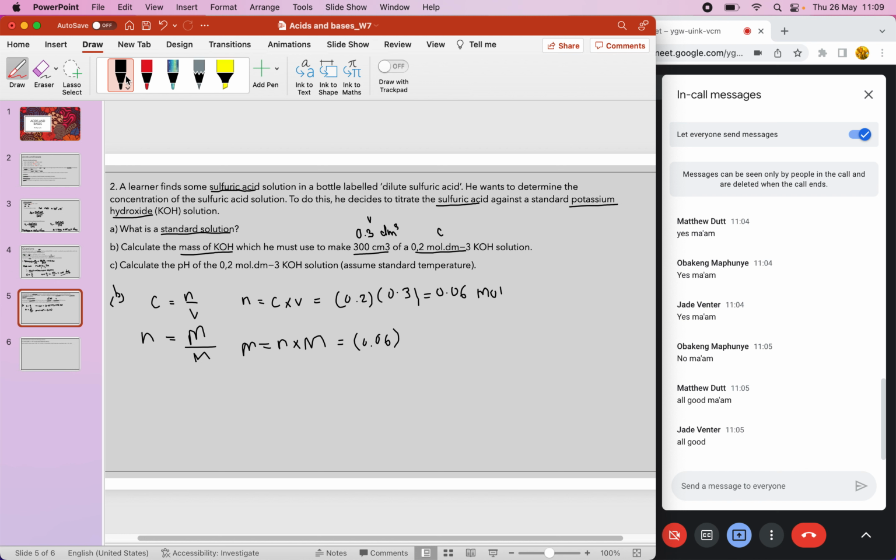We know that potassium is 39.1 plus oxygen, which is 16, which will be 55.1, plus 1 for the hydrogen is going to be 56.11, and you will get your mass to be 3.37 grams.